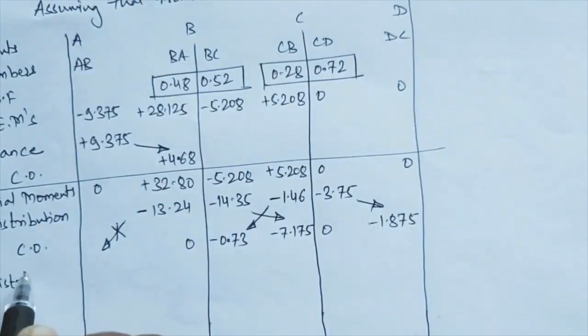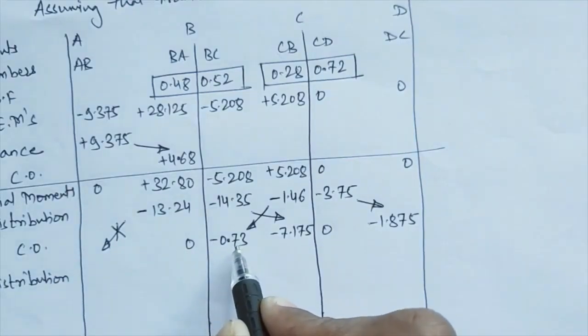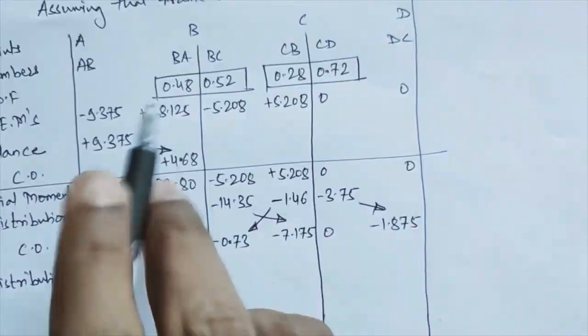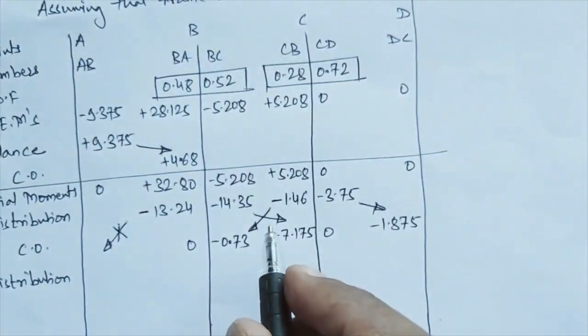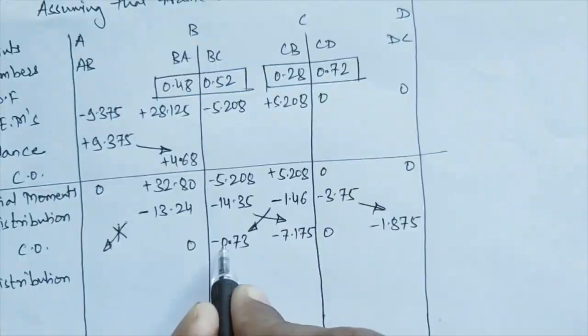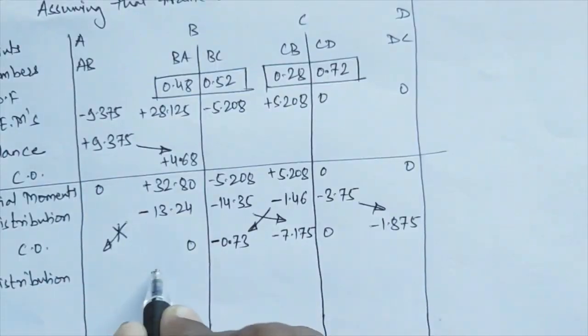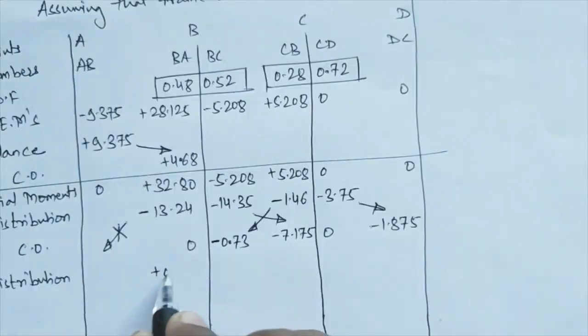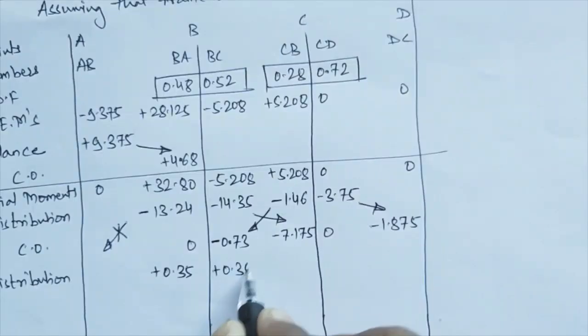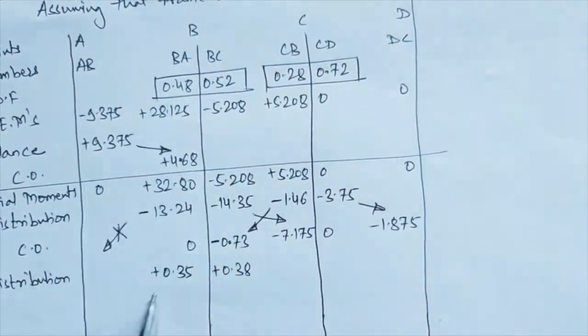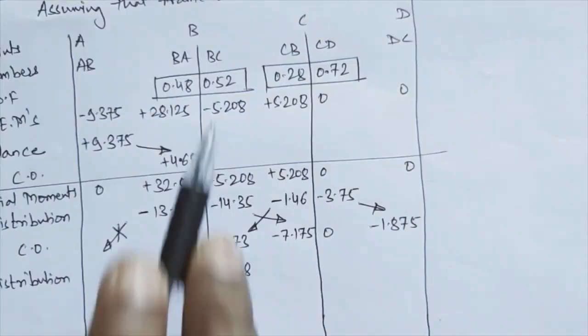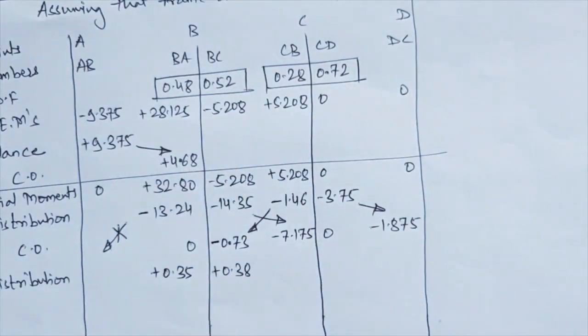Okay, now your moments remaining here are 0 and 0, so your cycle will get repeated again. Next you again have to do the distribution. So 0 minus 0.73, the summation is minus 0.73, multiplied by these distribution factors. The summation is negative, so the distribution will come positive. I get 0.35 and 0.38: 0.73 into 0.48 is 0.35, 0.73 into 0.52 is 0.38.